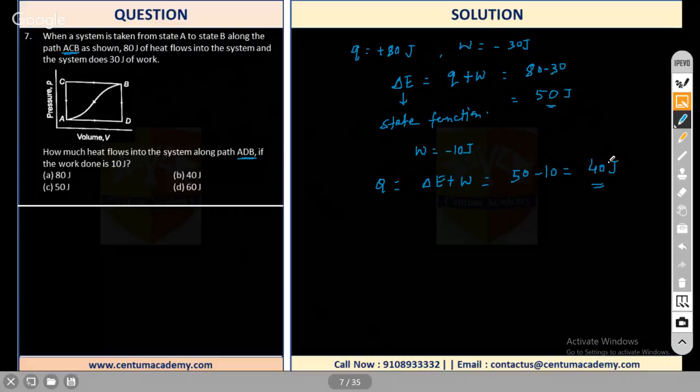So when you talk about E, Q is equal to E minus W, right? It's correct only, no?